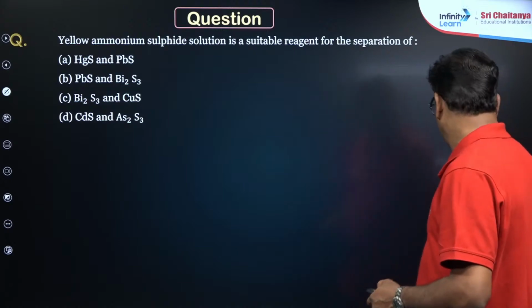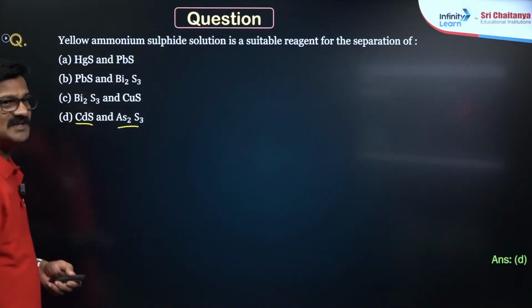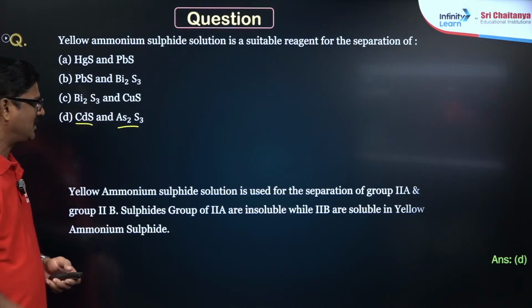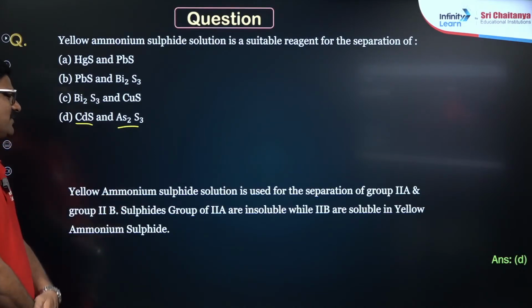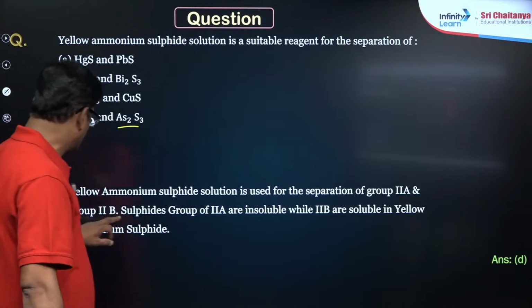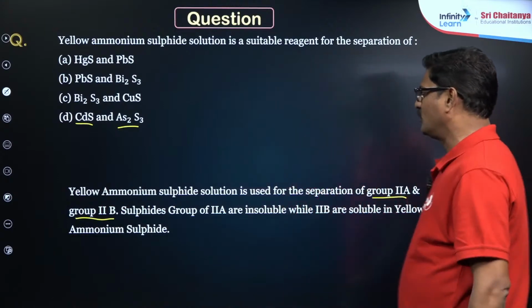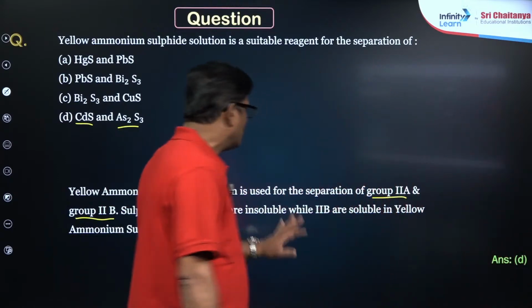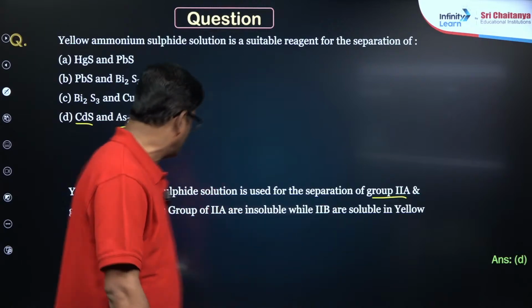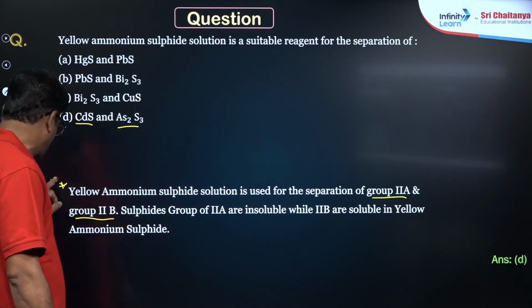It is used to separate cadmium sulfide and arsenous sulfide. How is it? Yellow ammonium sulfide solution is used for separation of group 2A and group 2B sulfides. In this, group 2A sulfides are insoluble while 2B are soluble in yellow ammonium sulfide. It's very, very important.